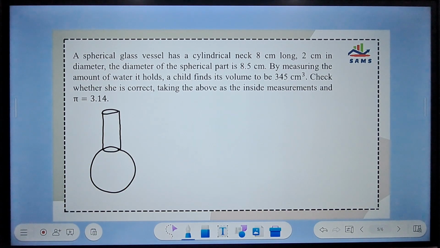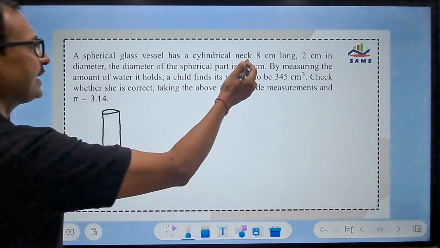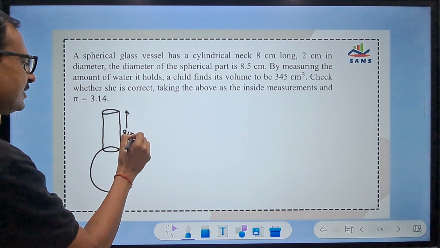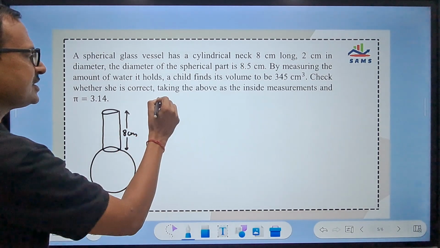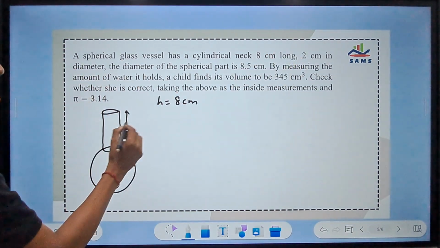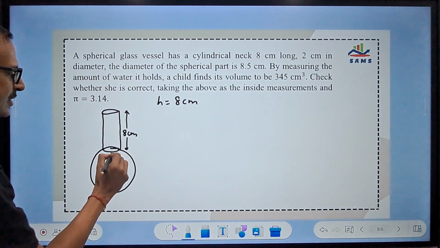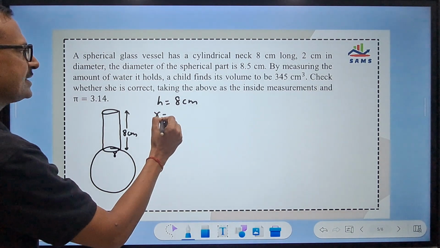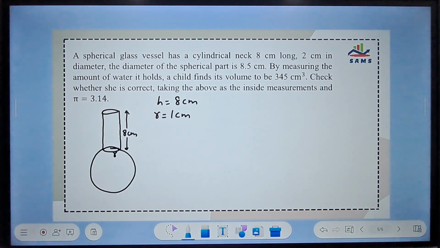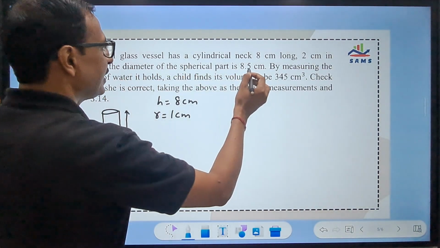Now, what are the dimensions given? Cylindrical neck is 8 centimeter long. So this height is 8 centimeters. So h is 8 centimeters. 2 centimeter in diameter. So this radius, small r, is 1 centimeter because the diameter is 2. The diameter of the spherical part is 8.5.